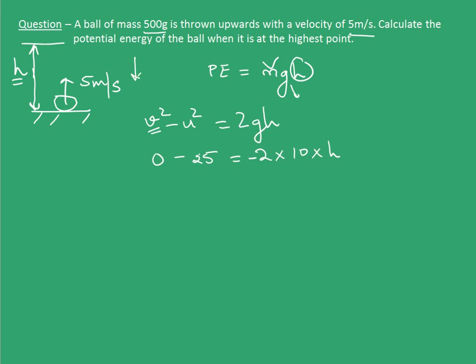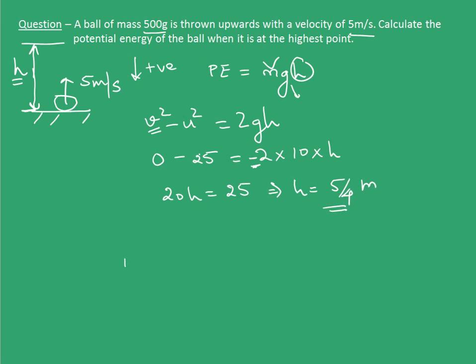I am considering downward direction to be my positive direction. Therefore, the height which is measured from the bottom to the top will be negative. Hence, I have put a negative sign here on the RHS. This gives me 20h equal to 25, which implies h is 5 by 4 meters.